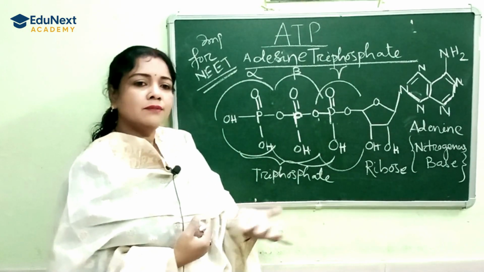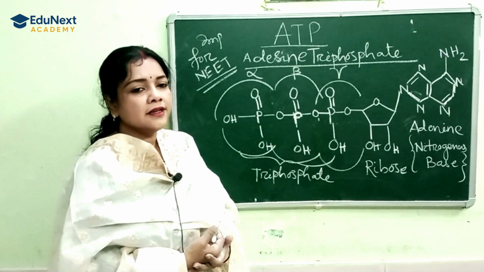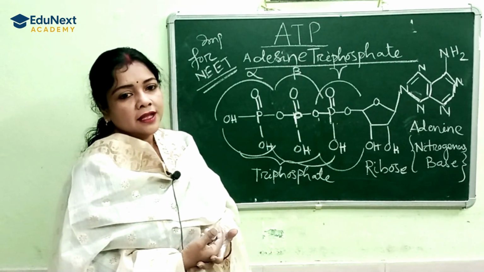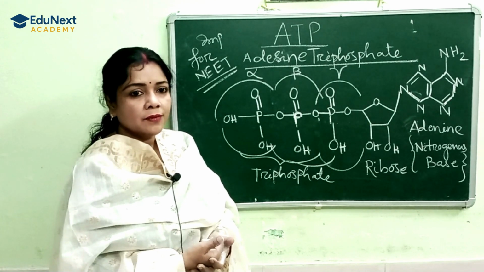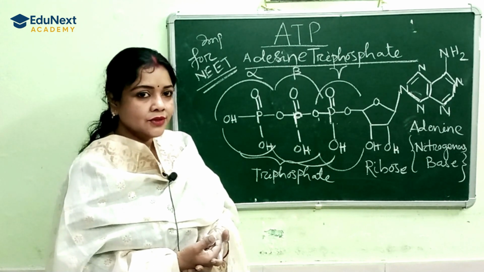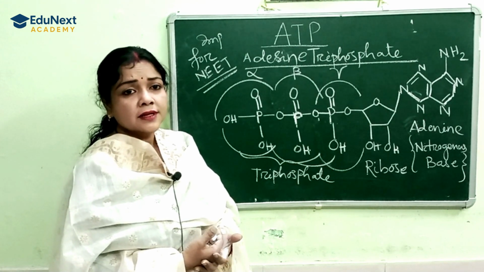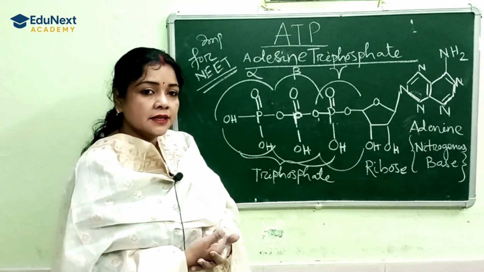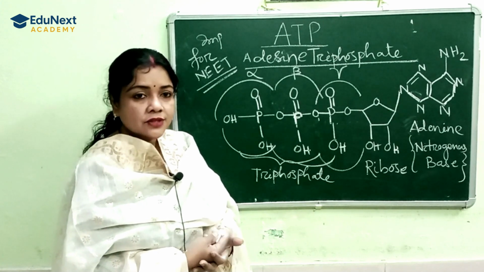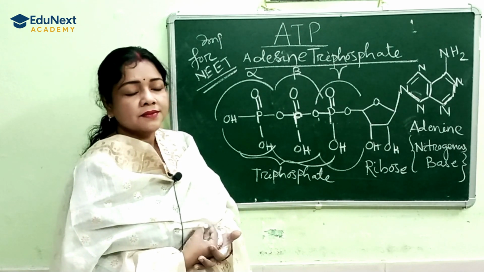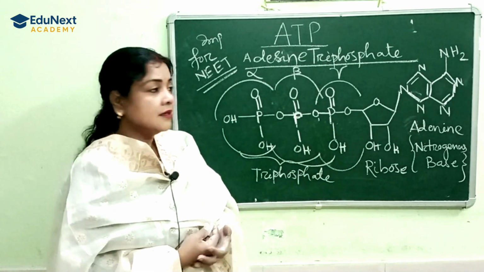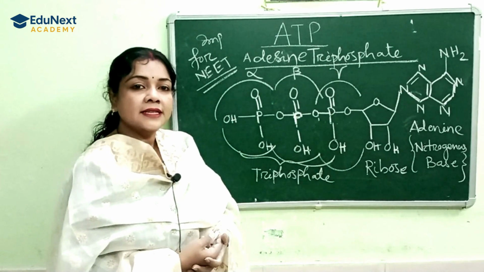Whenever they combine, different enzymes activate with metals, for example magnesium, calcium, potassium. Magnesium is also one kind of metal which is very important for our body.